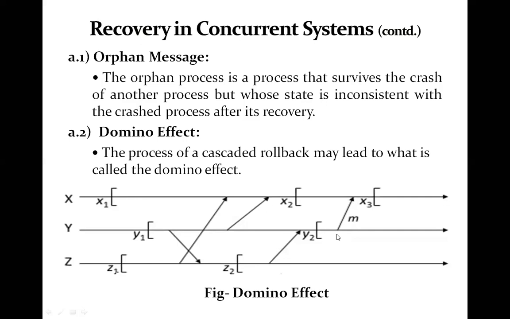So in this particular case, the receipt of M is already recorded in X3. But the sending of M is not recorded in Y2, because Y has sent M at this point and it has failed. Its recovery point is Y2, which is prior to the sending of message M. Now, we have a situation where X has received a message M from Y, but Y has no record of sending it.